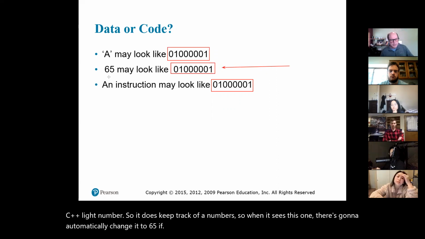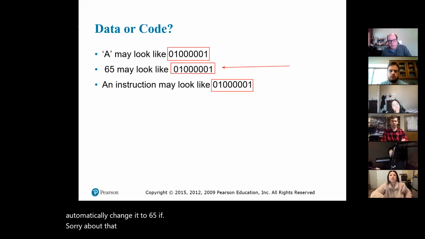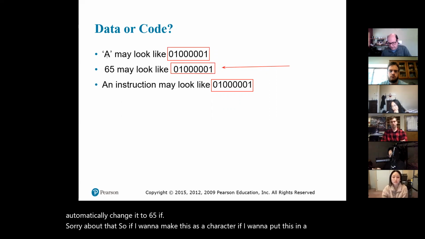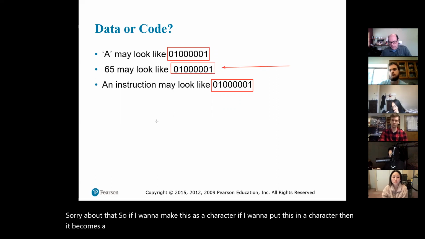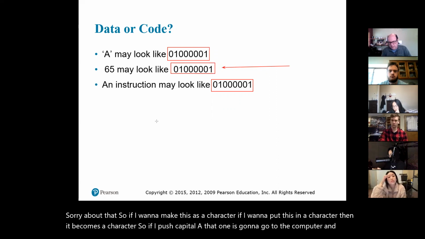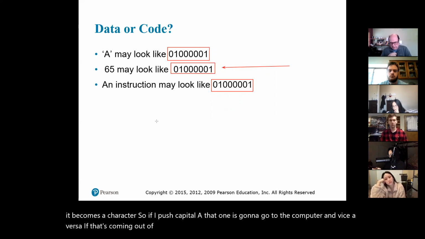Sorry about that. So if I want to make this a character, then it becomes a character. So if I push capital A, that one is going to go to the computer, and vice versa. If that's coming out of the computer, it's going to display capital A for me, or if it's a number, it's going to show me 65.